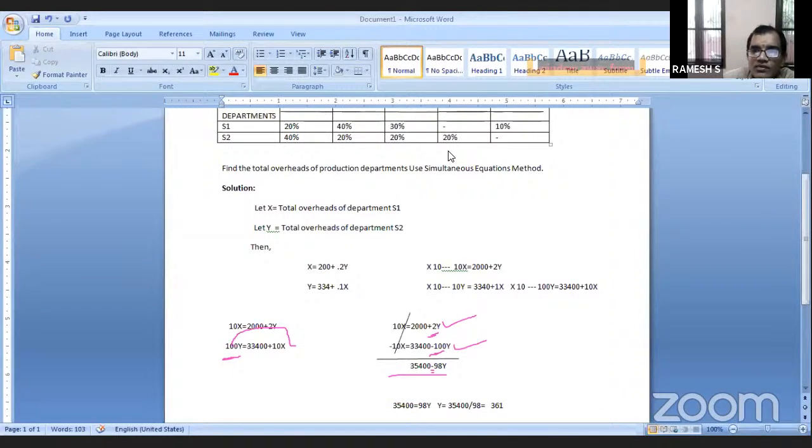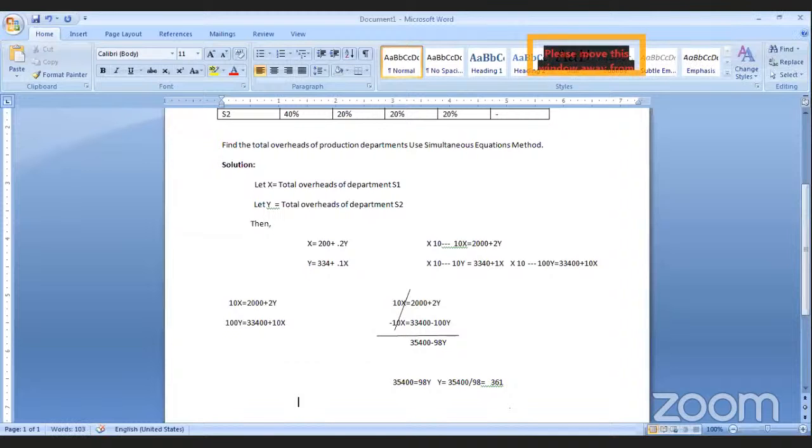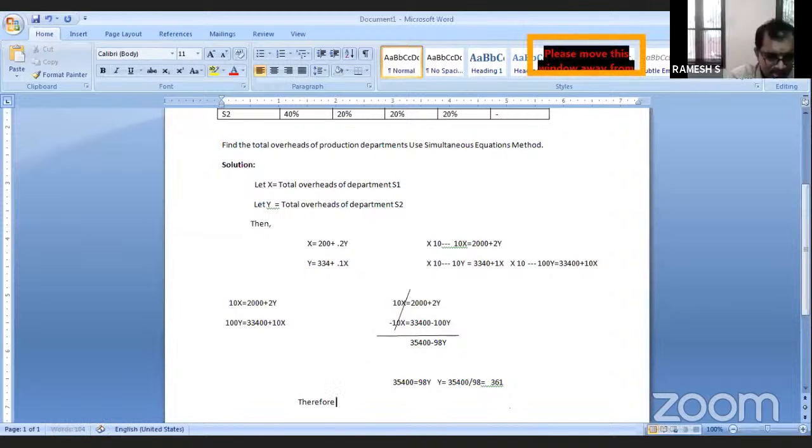Okay. So now, this y value we are able to identify. With the help of the y value, we can identify the x value. Therefore, in this equation we will replace y in the first equation.